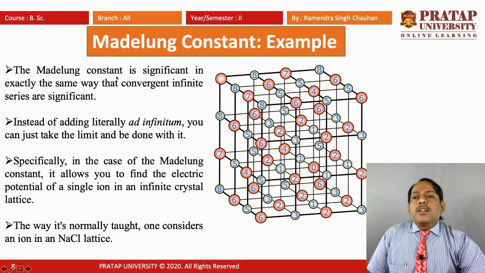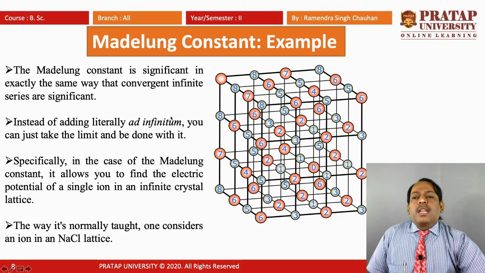So here the Madelung constant is significant in exactly the same way that convergent infinite series are significant. Instead of adding literally ad infinitum, you can just take the limit and be done with it.